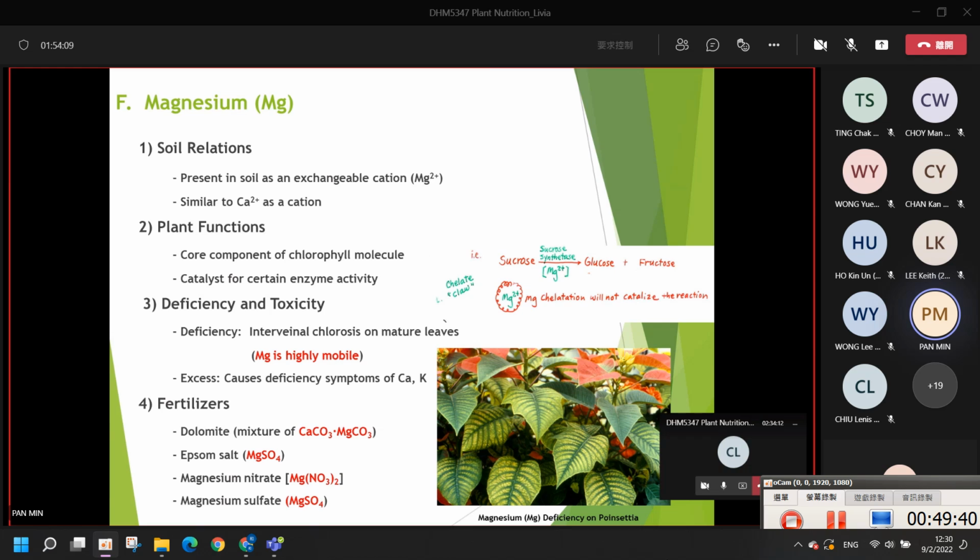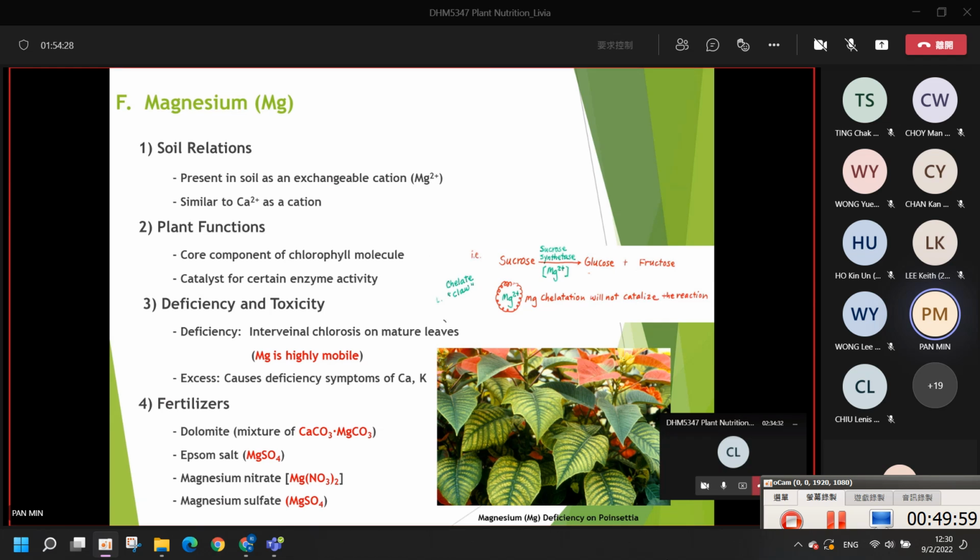Magnesium also acts as an activator for many critical enzymes. Therefore, a low amount of magnesium leads to a decrease in photosynthesis and enzymatic activity within the plant.